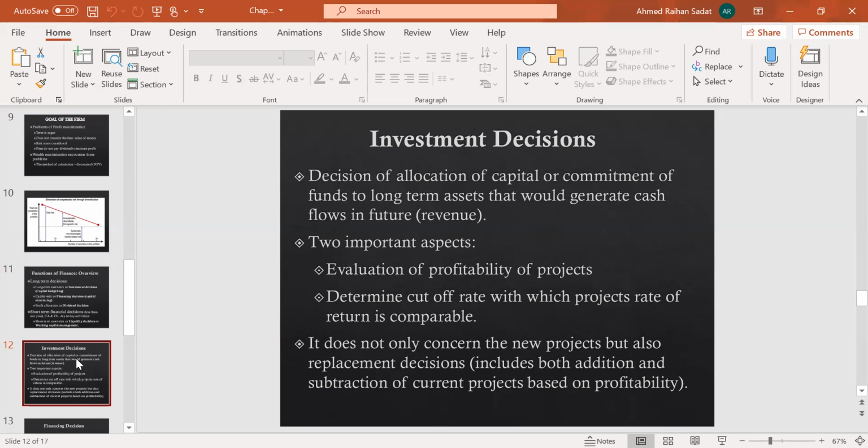Two important aspects are there. First, evaluation of profitability of projects, which means the determination of future cash inflows or revenues that I'm going to expect. The second is to determine the cutoff rate with which the project's rate of return is comparable, which means the cost of capital or required rate of return.